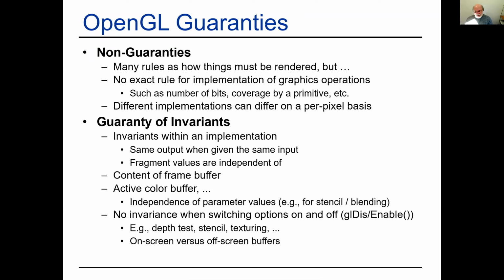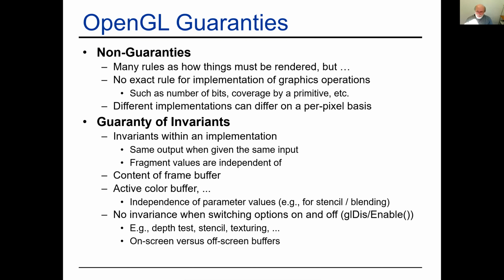And all of those calls essentially give up on guarantees. So if you render the image with Z buffering and without Z buffering, OpenGL does not guarantee that you get exactly the same pixels. However, if those options are all the same, and you send exactly the same input data again, then OpenGL does guarantee that you get the same results back.